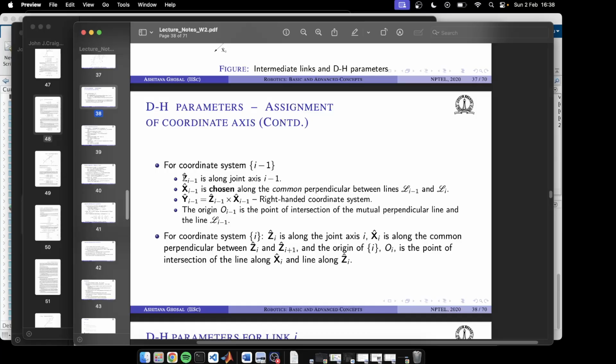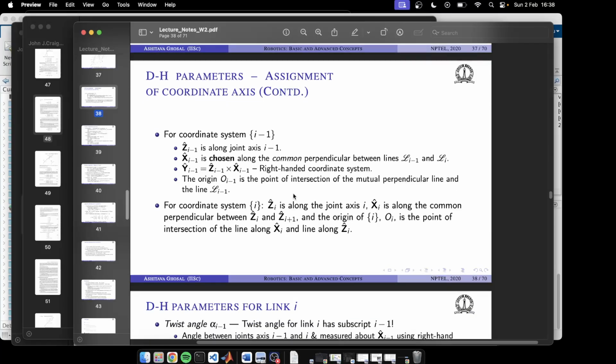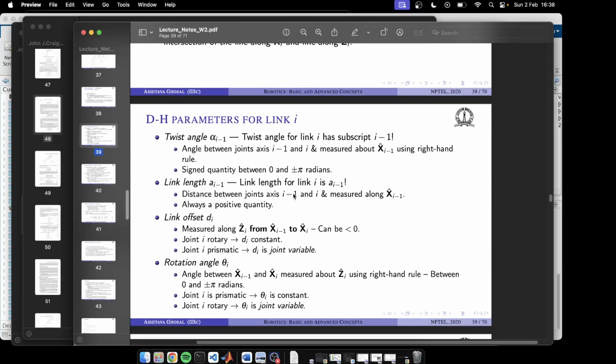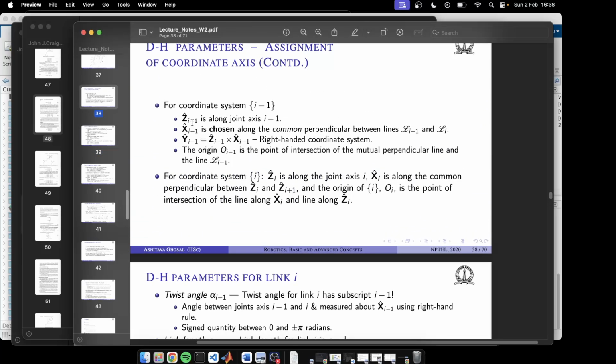So for a revolute joint, that is the axis of rotation. For a prismatic joint, that is along the axis of translation. Then the x axis is chosen to be the common perpendicular between the two consecutive z axes. Right, so that is the x. And once x and z are defined, y can be found out by the right hand rule cross product.